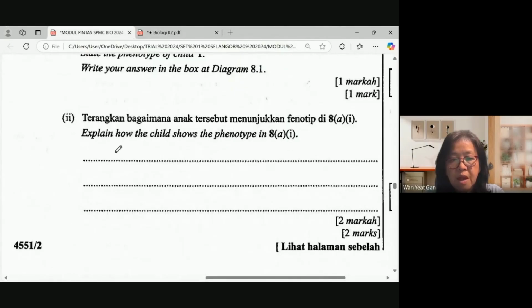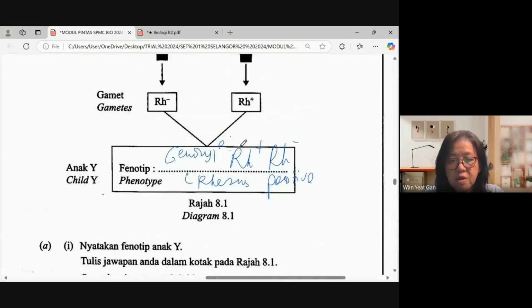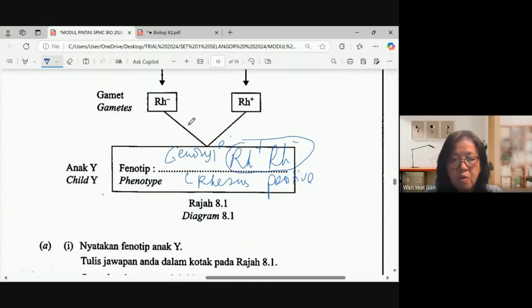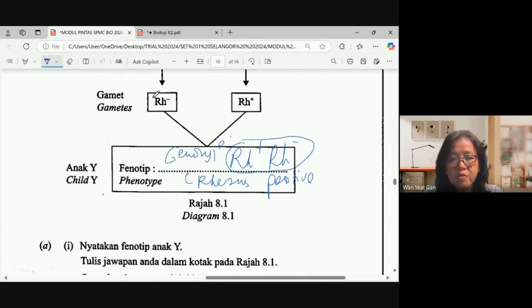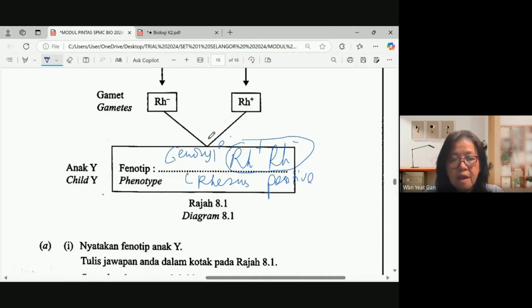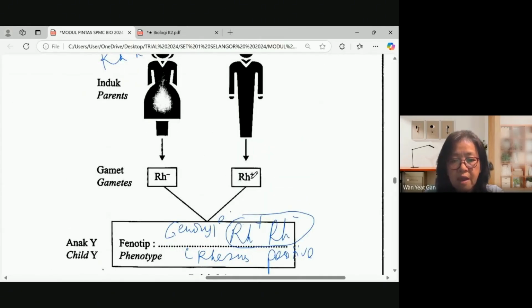Now, explain how the child shows the phenotype. Now that you know the genotype is RH positive, RH negative, the question wants you to explain how this child inherited rhesus positive from the parent. So what you do is go backward to see how the child inherited RH positive, RH negative.